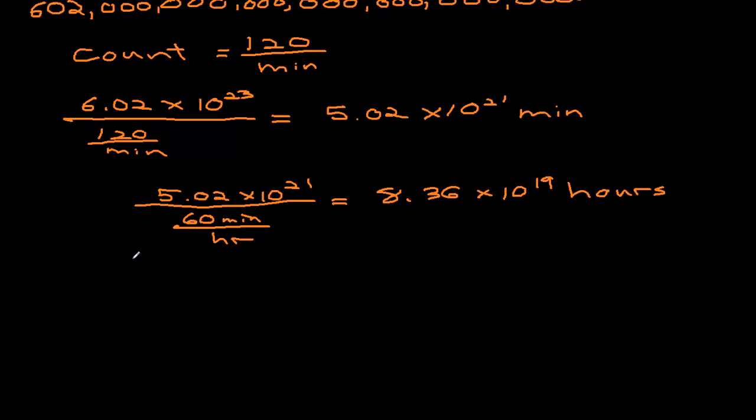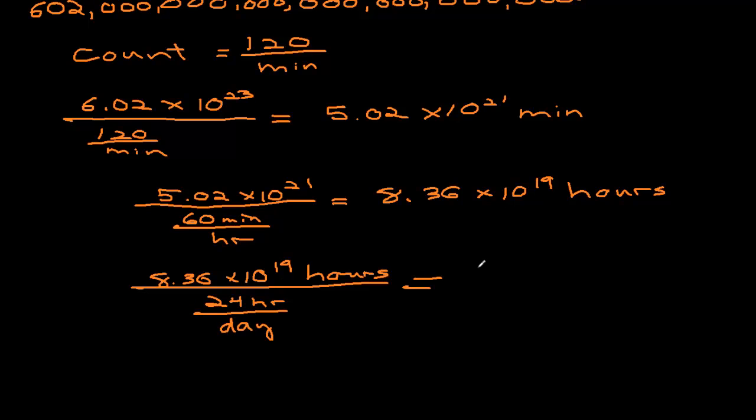Days. How many days would this be? If we take 8.36 times 10 to the 19th hours, divide that by 24 hours in a day, we find out that that would take 3.48 times 10 to the 18th days.